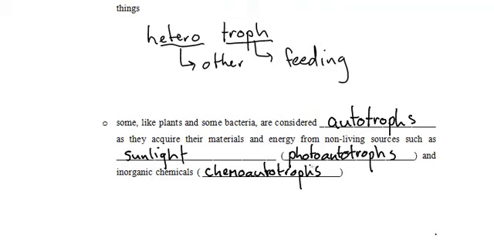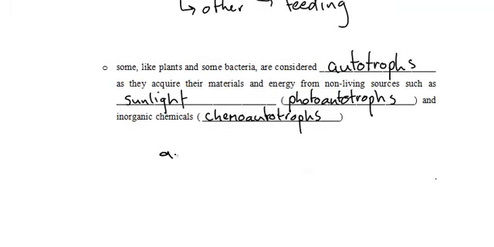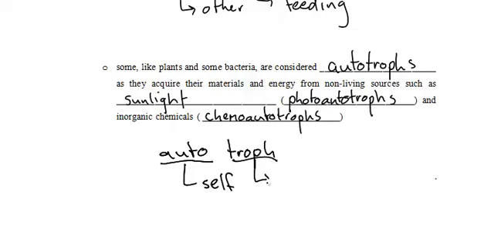In this case, you should know that auto does not mean your car. It means self. So an automatic car is able to shift its own transmission or shift itself. Autotroph, self-feeding. They don't have to live off of other living things. Okay?